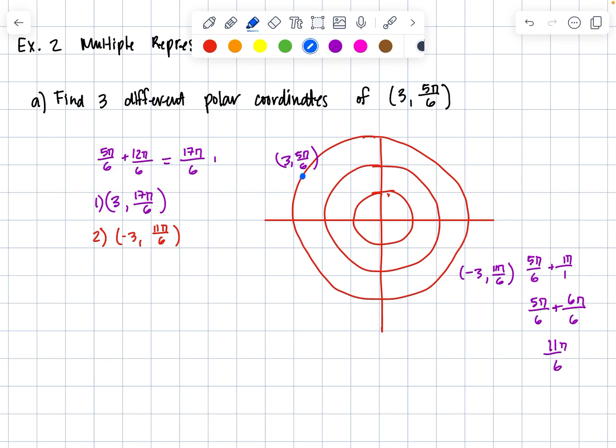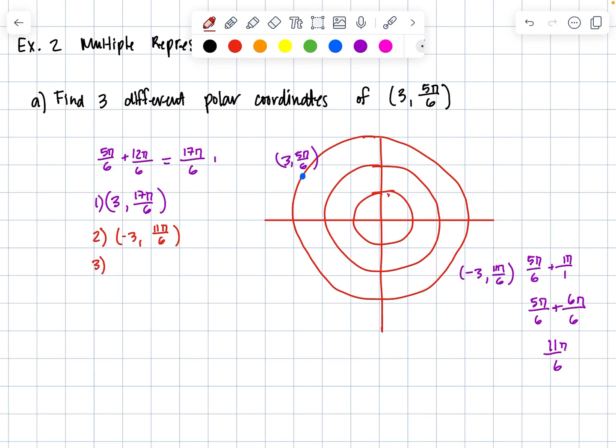If we wanted to go negative radians, clockwise this time, sorry, it's a lot of mixing that up, we could actually say that this 5 pi over 6 is the same thing as, well, let's do this really quick. 12, this is 7 pi over 6. So we could call that -7 pi over 6.